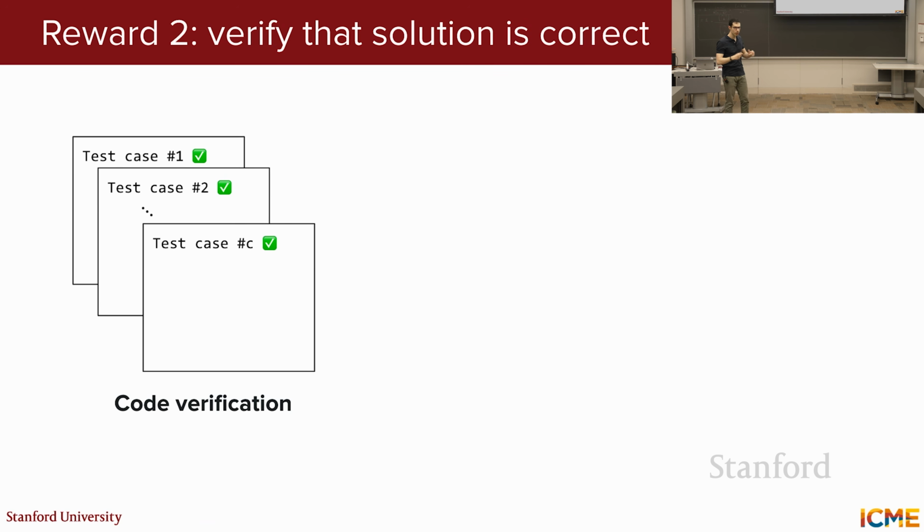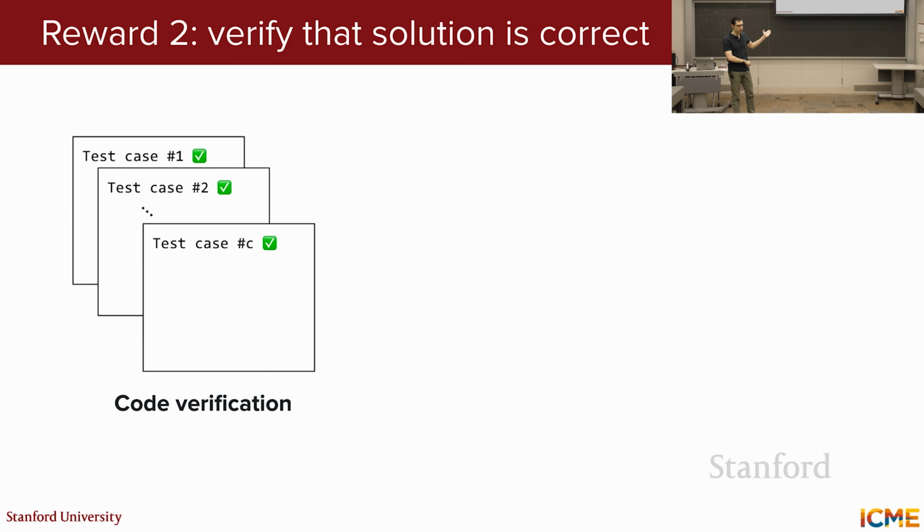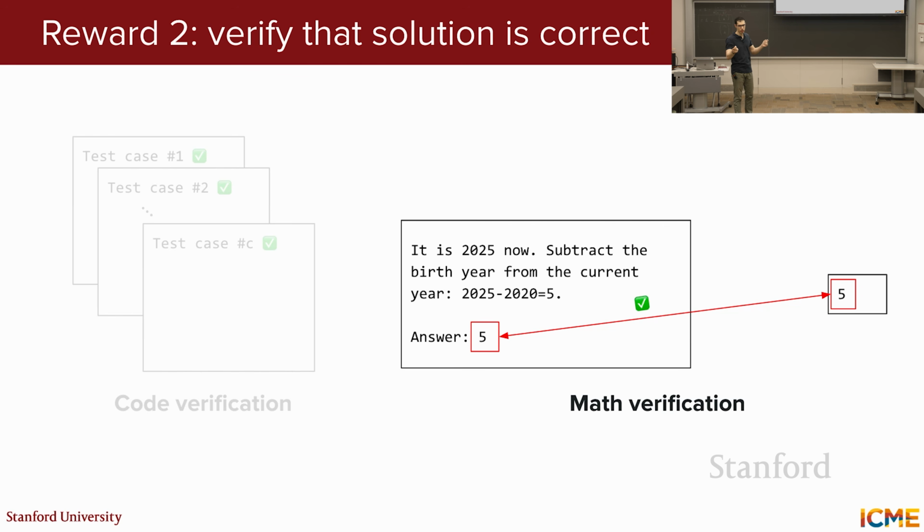And then the second reward that you want to have is to check that the solution that it produced actually works. And as we mentioned, this is something that you can actually do for the benchmarks that we care about. So for code, you would check that it works for all cases. For math, you would just verify that the answer is the same as the ground truth.